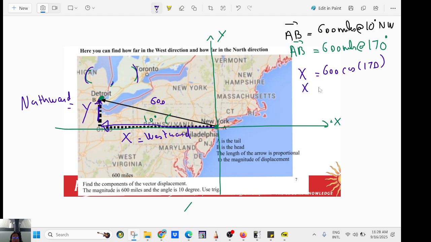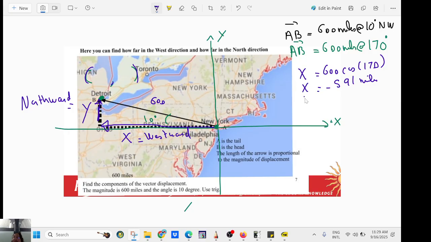So what do you get? Do you agree? So it means you walk, or maybe drive, 591 miles westward.